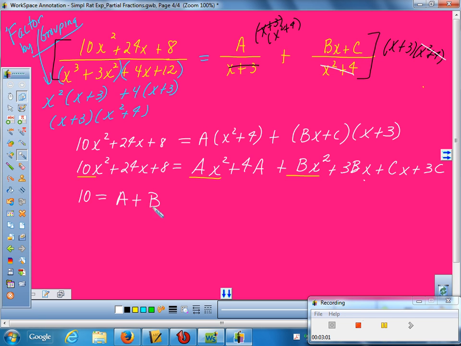Then if I go to the x's, I would have 24 equals, and I would need to find all the x terms, which I see are 3b plus c. And finally, if I look for the third terms, I'll have 8 equals the constants, which are 4a plus 3c.